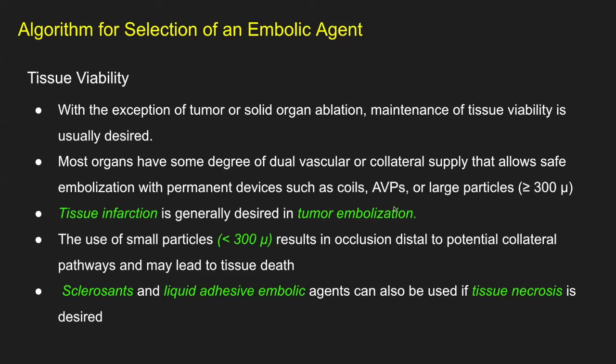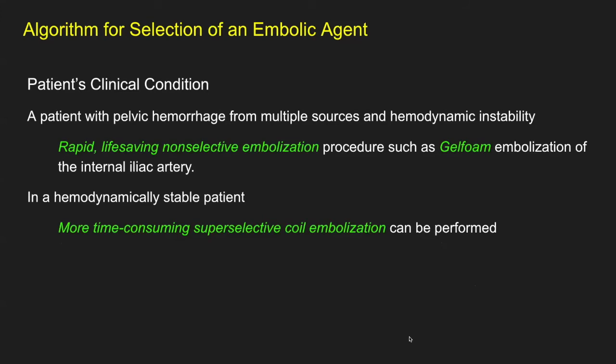Now, tissue infarction is generally desired in tumor embolization. The use of small particles, say less than 300 microns, results in occlusion of the potential collateral pathways and may lead to tissue death. Sclerosants and liquid adhesive embolic agents can also be used when tissue necrosis is desired.